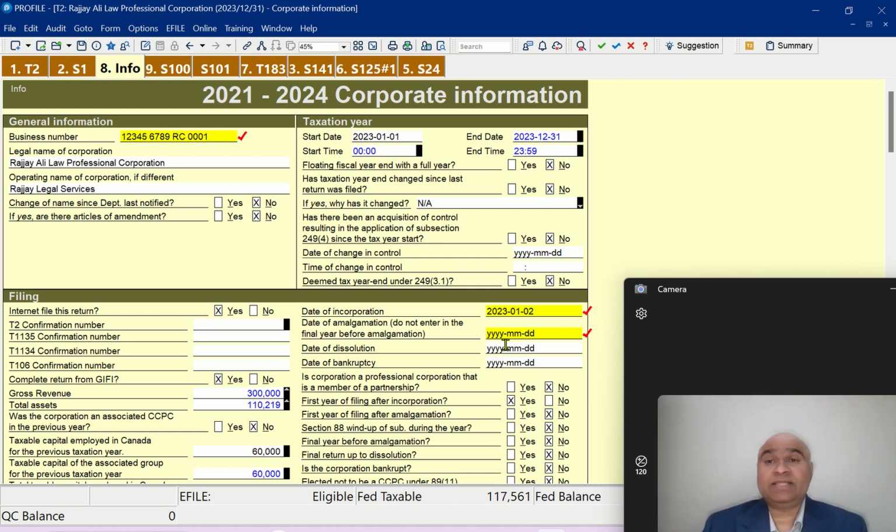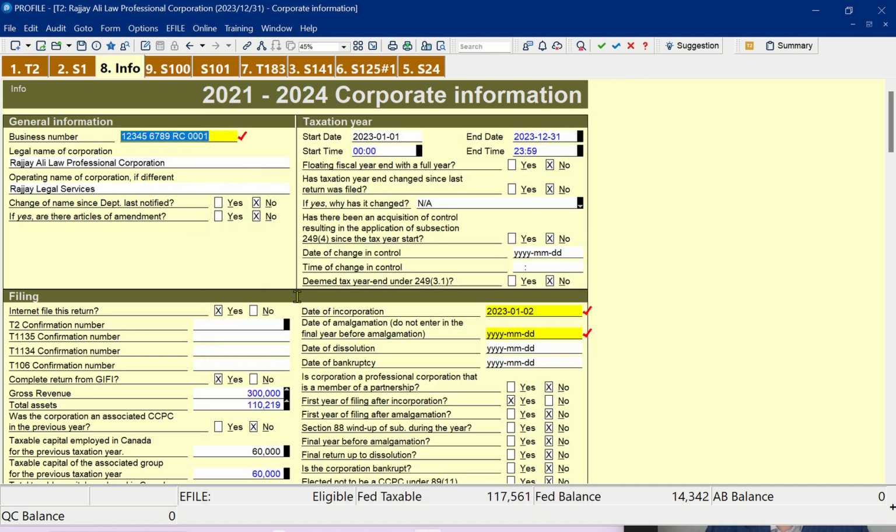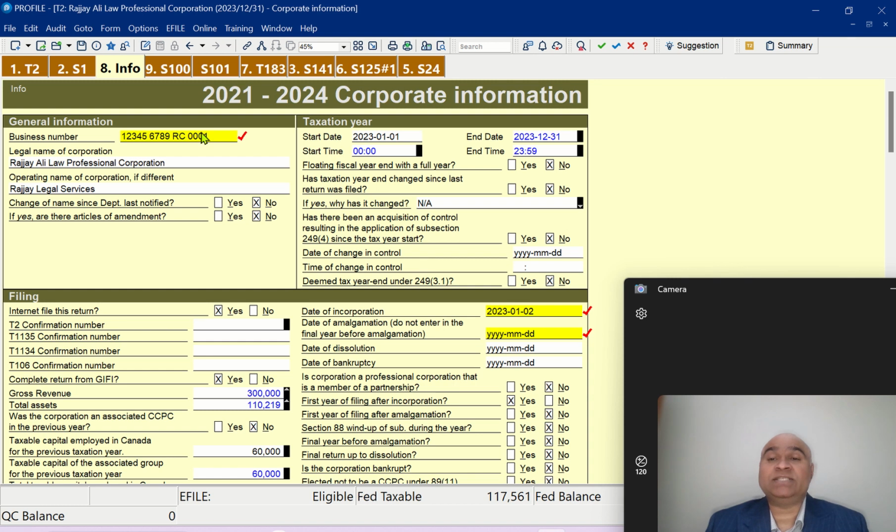And so this is actually a fictitious corporation. I could put my own corporation, I could put someone else's corporation, but make sure that you take their consent. But anyway, this is a fictitious corporation. I simply override it and put a review mark, so it allows me to file it, because the software automatically knows all the numbers.